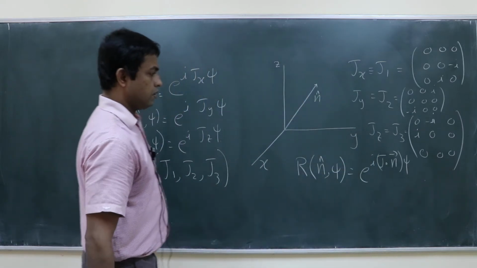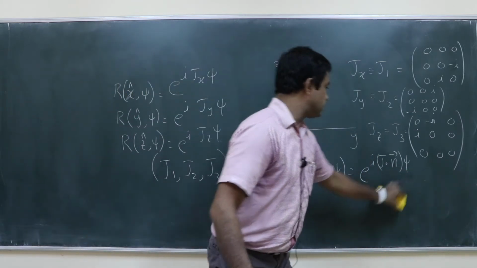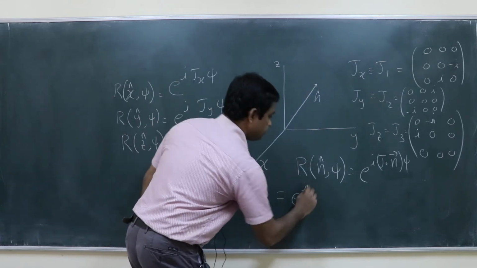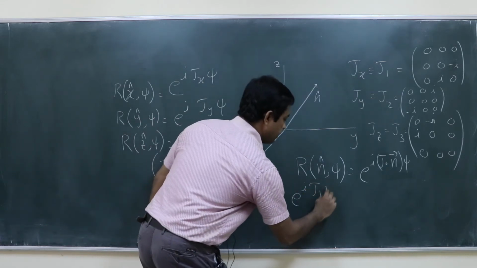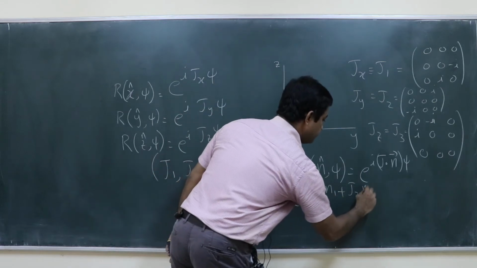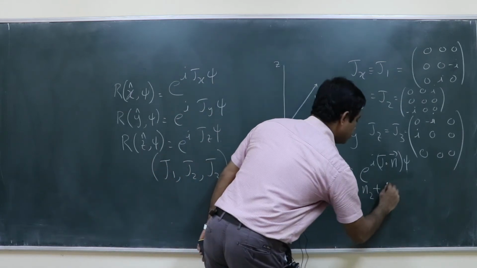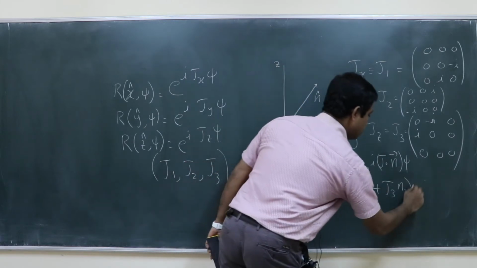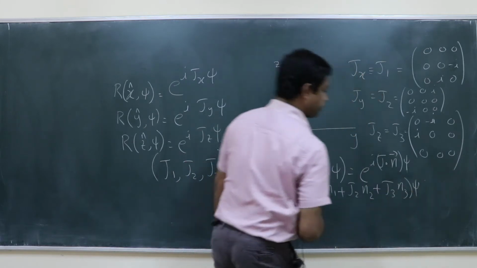This is nothing but e to the power i (J1 n1 plus J2 n2 plus J3 n3) psi.